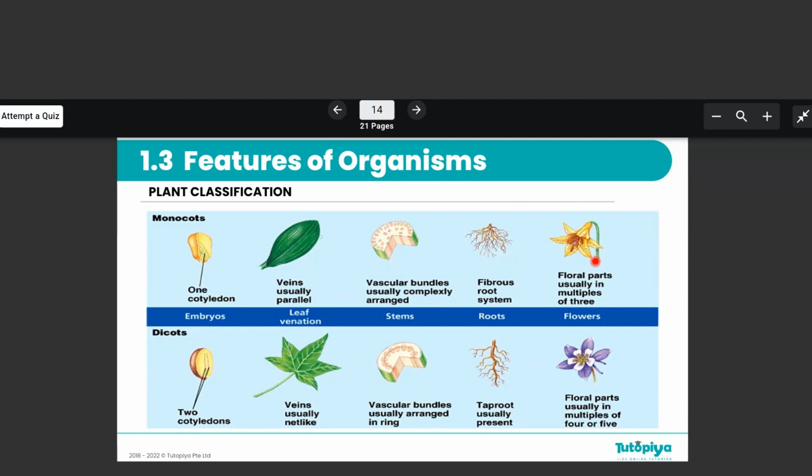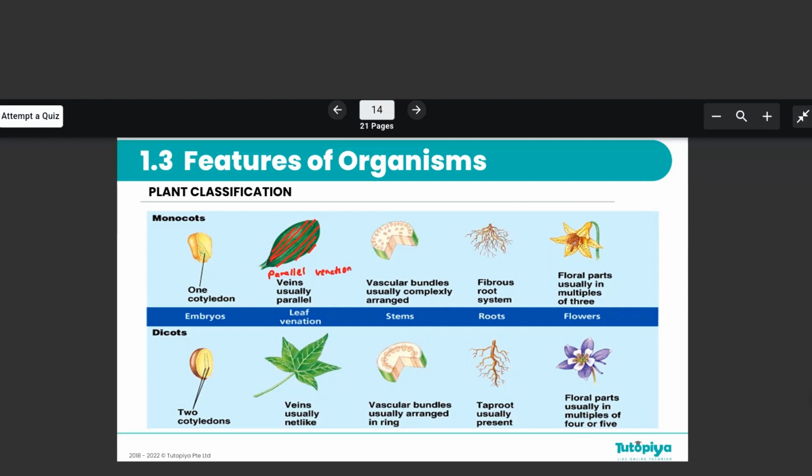For example, if you compare the leaf of a monocot versus the leaf of a dicot, there's one very obvious difference between these two leaves. The monocots happen to have leaves with parallel veins running through them. So the veins within the leaf run parallel to each other, and we call this parallel venation.